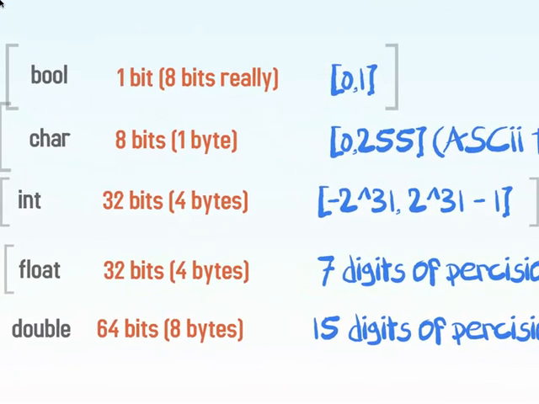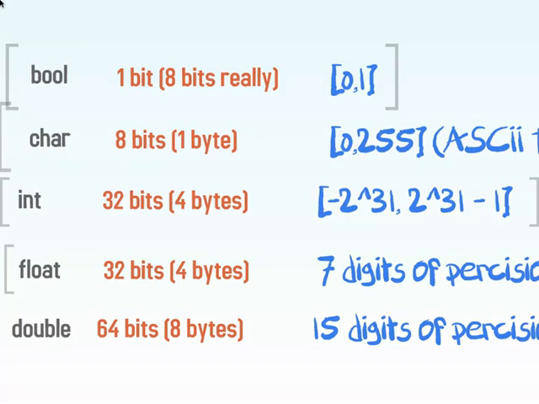The next we have the integer, which is normally 32 bits. It's 4 bytes long, and it has the value ranges between -2 to the 31st power all the way up to 2 to the 31st minus 1. And so it's minus 1 on the end because we need a placeholder for 0.